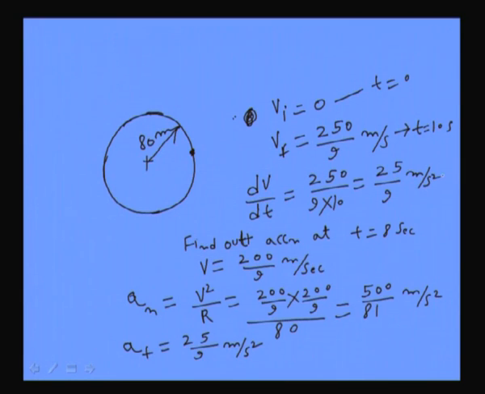Therefore, the magnitude of the acceleration a is equal to under root of at square, that is 25 by 9 square, plus 500 by 81 square, which after simplification comes out to be 6.77 meter per second square. Okay.